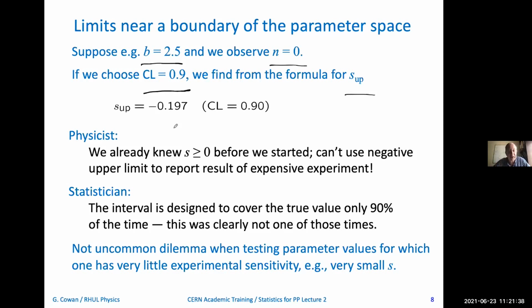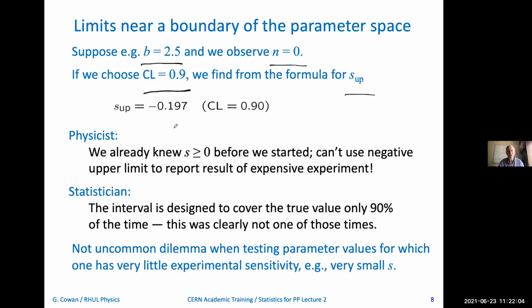And the statistician would say, look, this is all fine. The confidence interval is designed to cover the true value of the parameter with a probability of 90%. That means that 10% of the time it has to miss. So clearly this time it missed. And this is quite interesting. It means with these confidence intervals, sometimes, not always, but in particular in this case, you can know afterwards whether or not the true value is inside the interval.